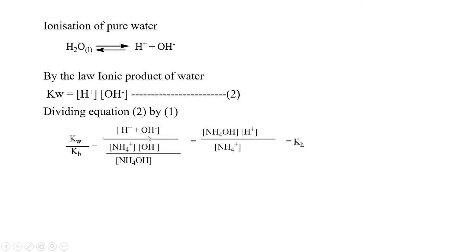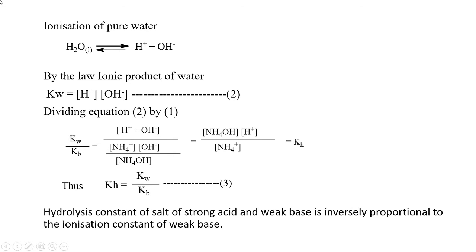Here OH- gets cancelled. We'll get NH4OH into H+ upon NH4+. So this term we can write as hydrolysis constant Kh. So we can write Kh is equal to Kw upon Kb. So this is equation number 3.